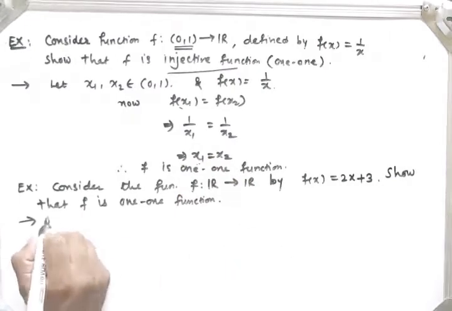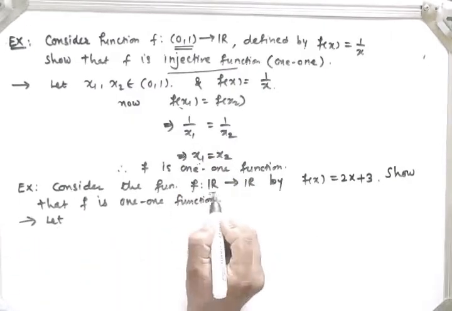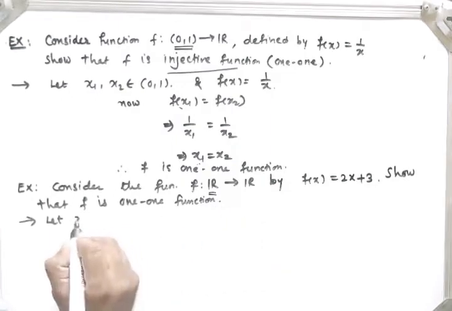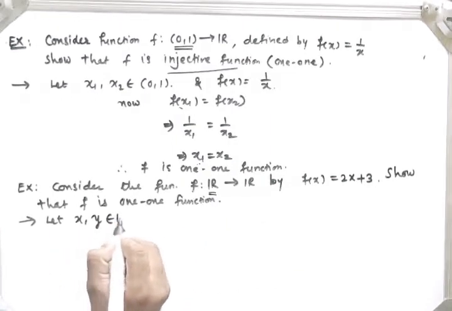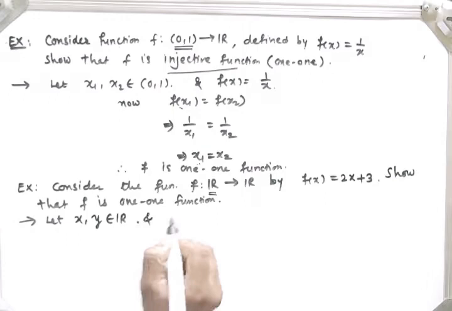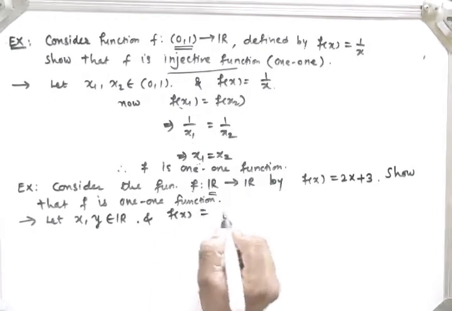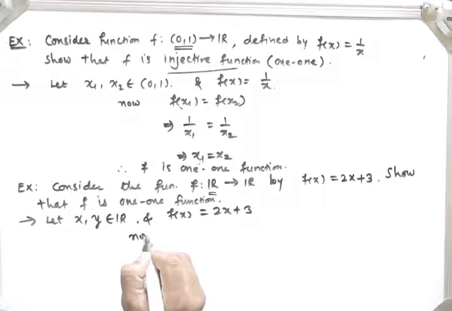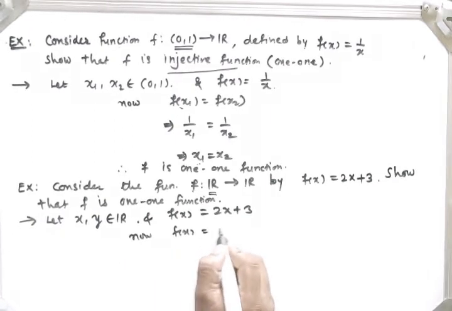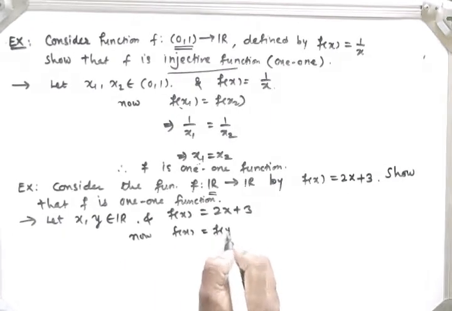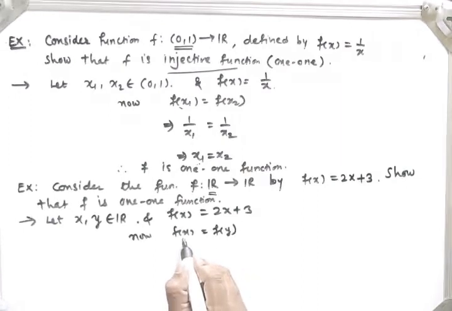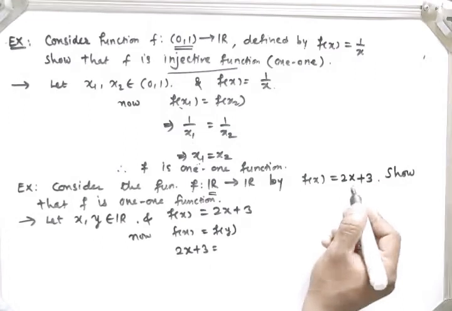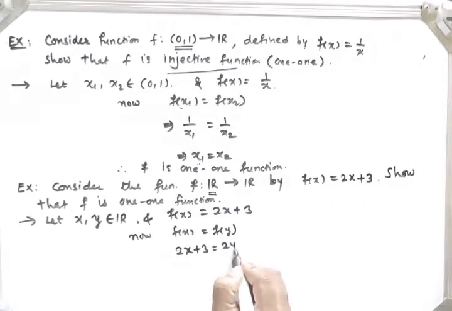So now let's take two values from domain. Let x, y belong to real numbers R, and what is the function? f of x is equal to 2x plus 3. Now f of x is equal to f of y. If two function values are equal, then f of x is 2x plus 3, and f of y is 2y plus 3.